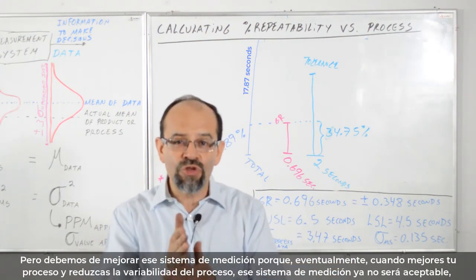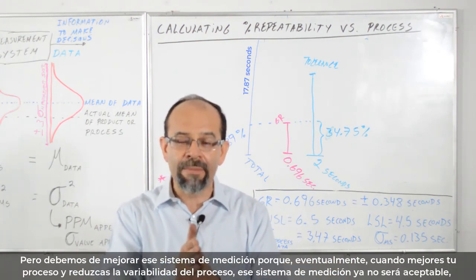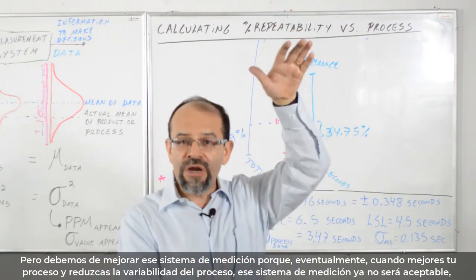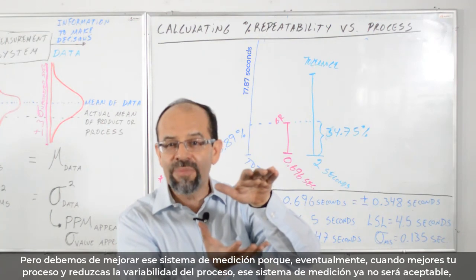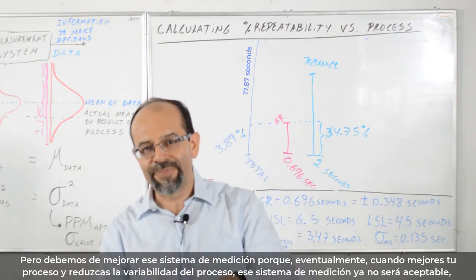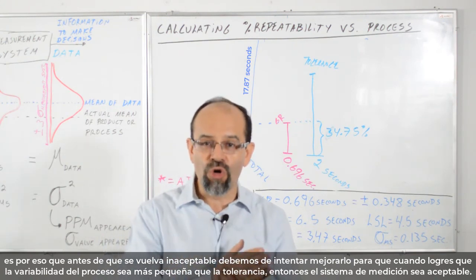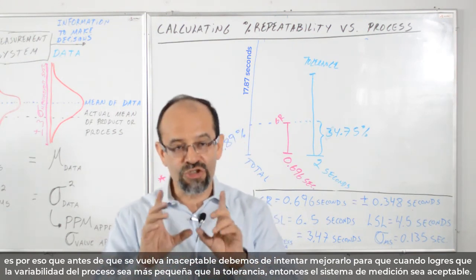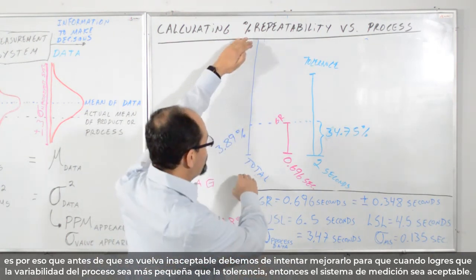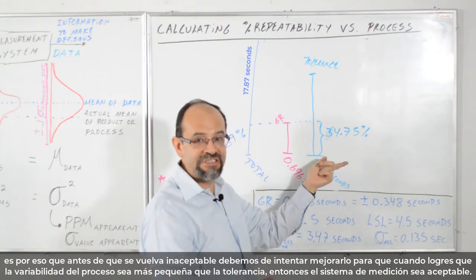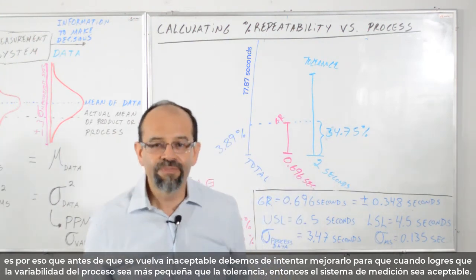But you have to improve that measurement system, because when you reduce the variability of the process, that measurement system won't be acceptable. So before it stops being acceptable, try to improve it, so that when the variability of the process is smaller than the tolerance, the measurement system will be acceptable.